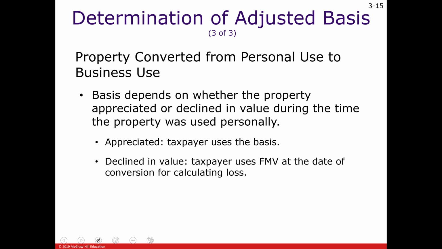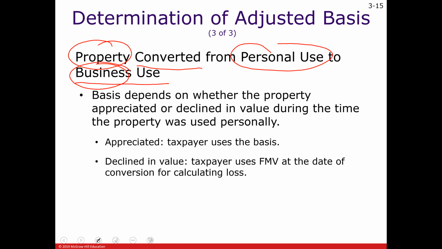Here, the taxpayer bought some property, but then converts it for business use from personal use, just like using your car to commute to work or go shopping. But now you are strictly using it for business.